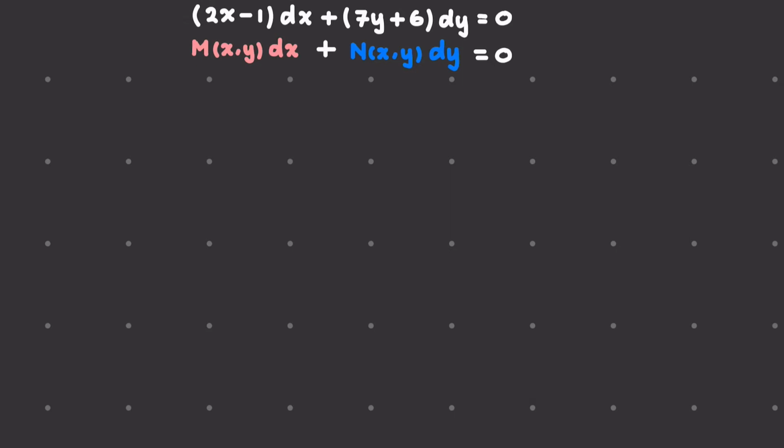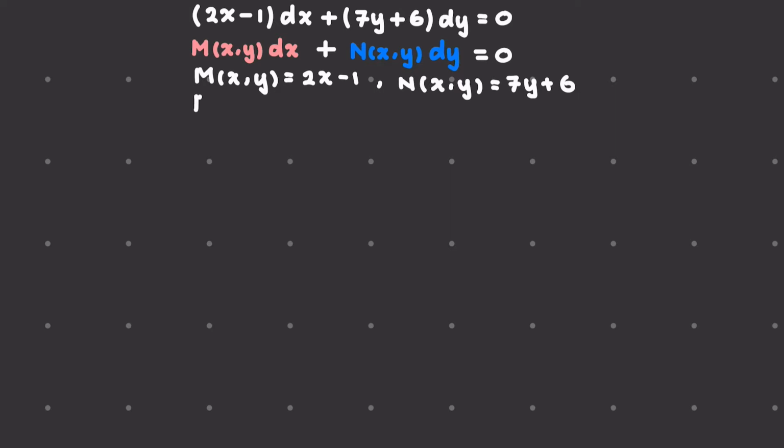Our very first step to solve this exact differential equation is to check whether it is exact or non-exact. And how do we check it? First, we know that our M here is equal to 2x - 1, and our N here is equal to 7y + 6.